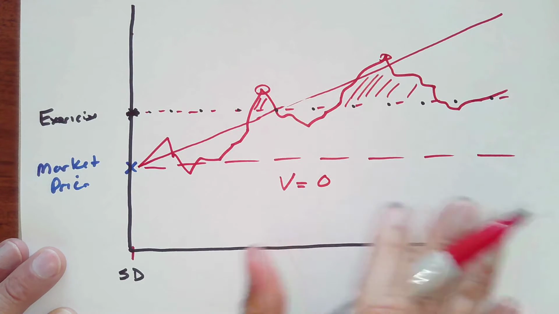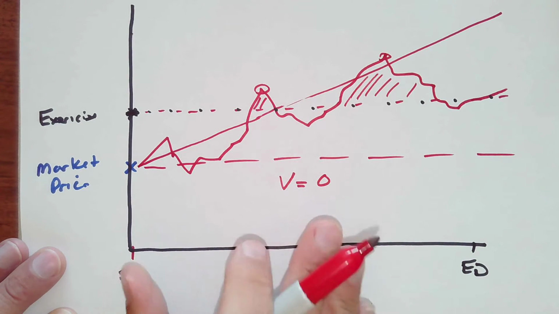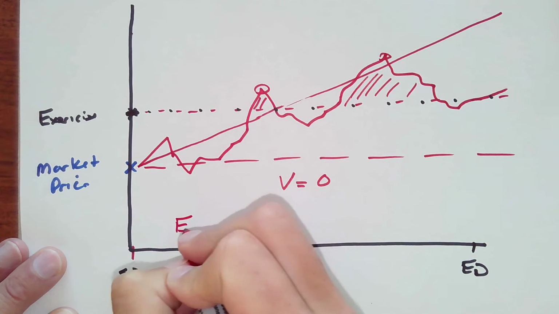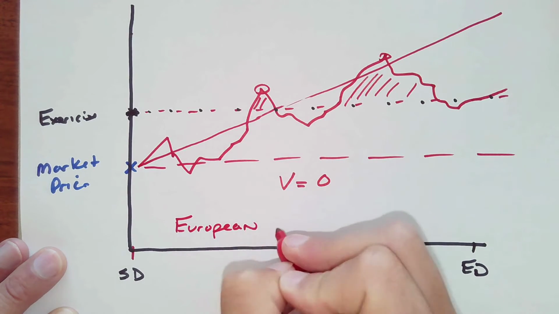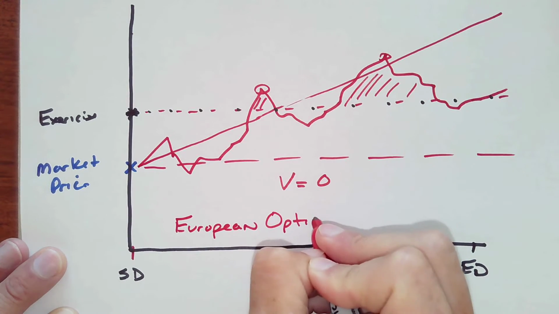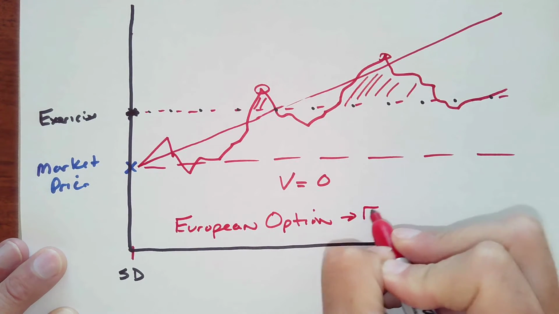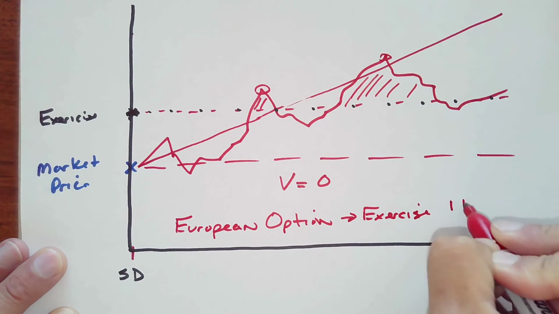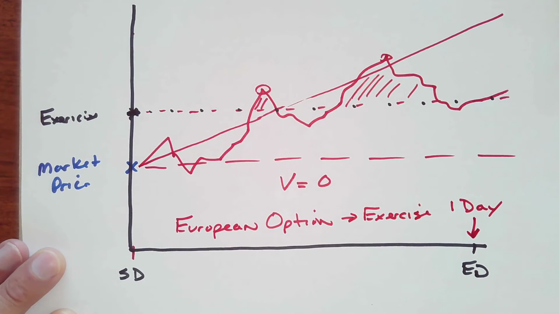Now, I mentioned American versus European. With the European option, I can only exercise on one day, the expiration date.